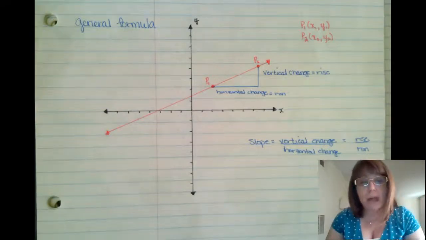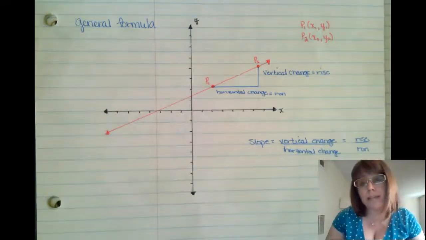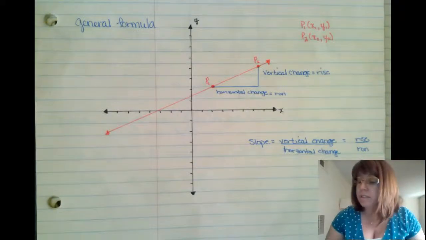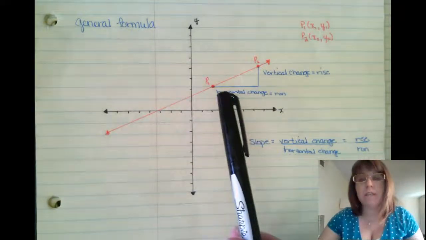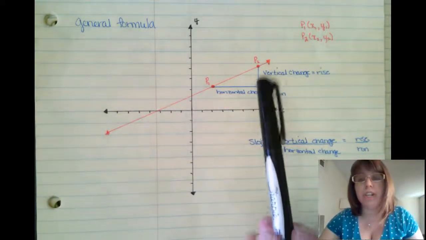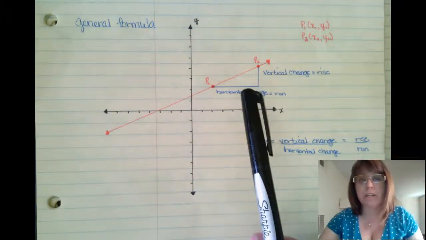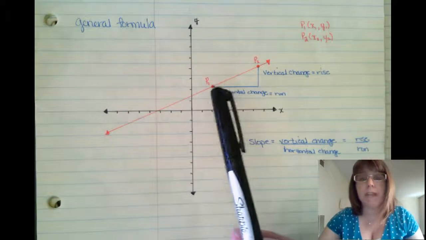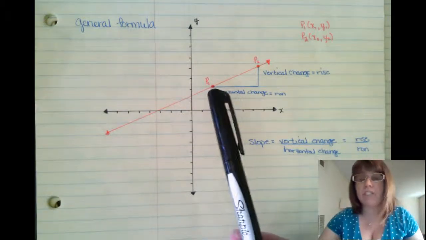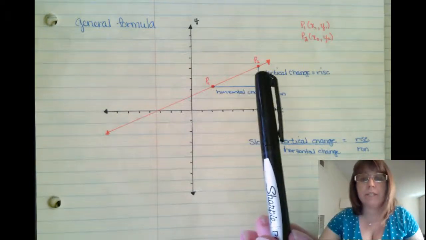So how do we figure out what the slope of a line is? Well, the slope is the vertical change over the horizontal change. Let's pretend we have a line and a generic point 1 and a generic point 2.